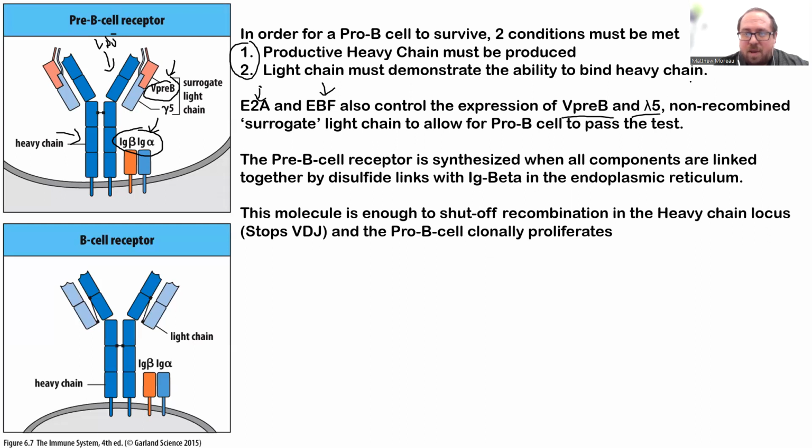V-pre-B and lambda 5 are basically light chain segments that are non-recombined. They exist in the light chain locus as a functional light chain that is non-recombined, so it can serve as a surrogate but does not have any rearrangement. So there's no recognizability, and none of the cascades that happen due to productive recombination and the expression of RAG have occurred.